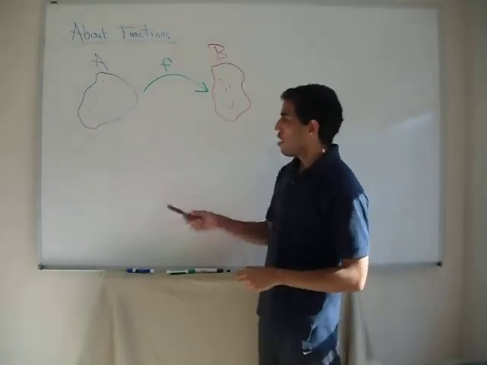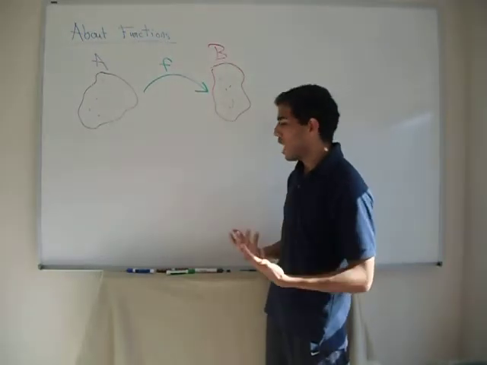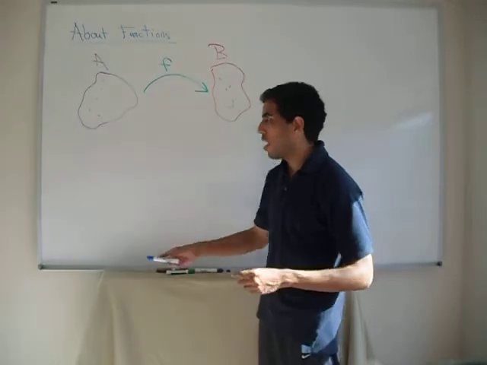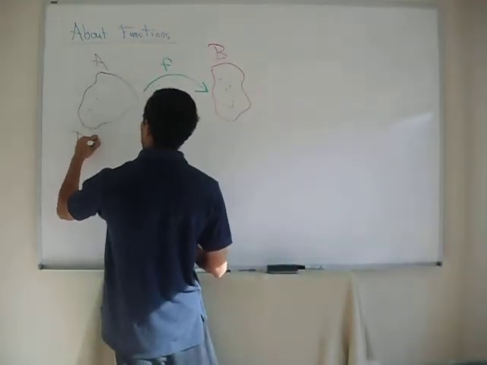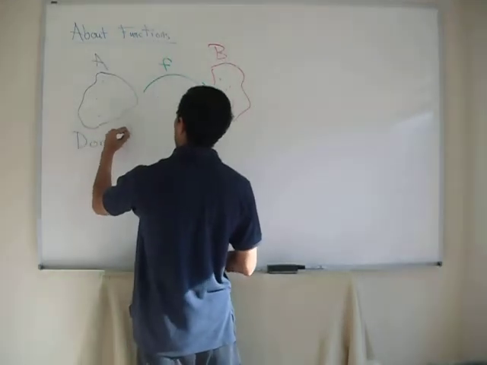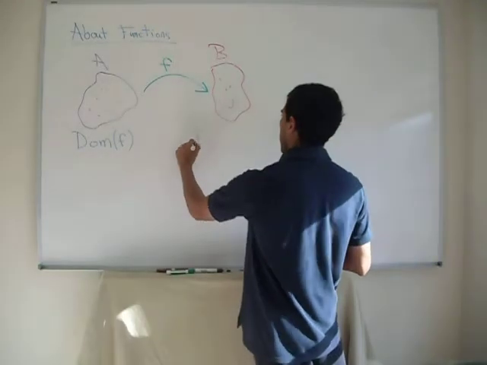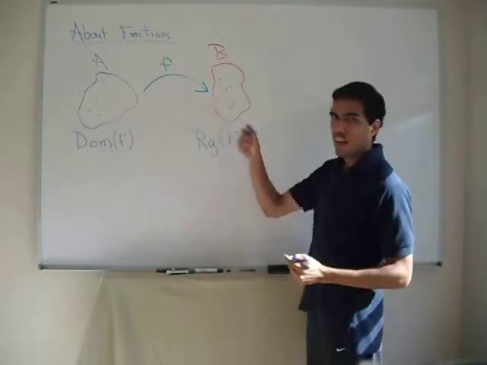Now, A and B, as you may have heard, they're sets, right? So they have specific names or labels that are assigned to them, okay? And set A, I'm going to rename to be known as domain of f, okay? Domain of the function f. And B, I'm going to rename as the set called range of the function f, okay?